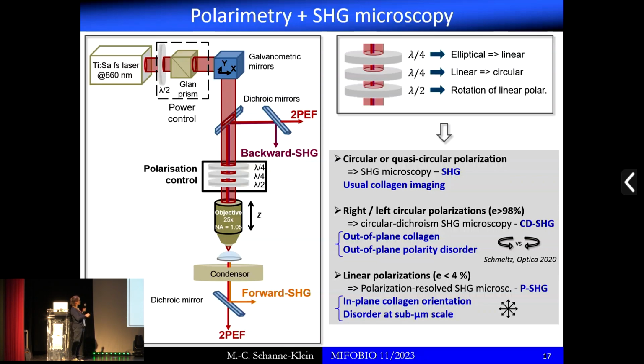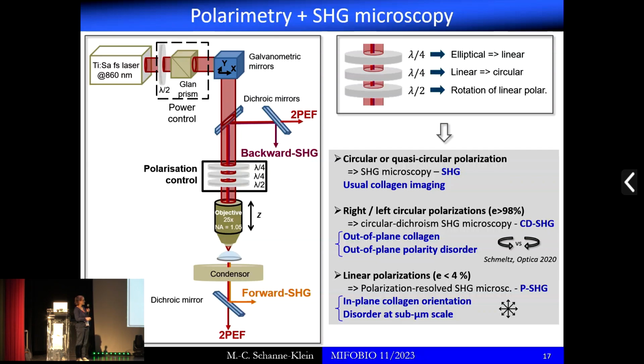So how do we do that? That's a usual multiphoton microscope with galvanometric mirrors and forward and backward detection. And we use wave plates in the back focal plane of the objectives. The first one is a quarter wave plate. From the optical point of view, it enables a perfectly linear polarization, while due to all these optical components, usually it's elliptical.